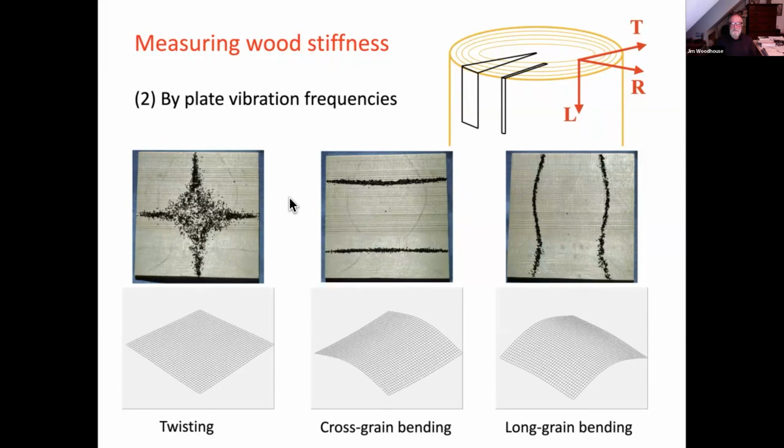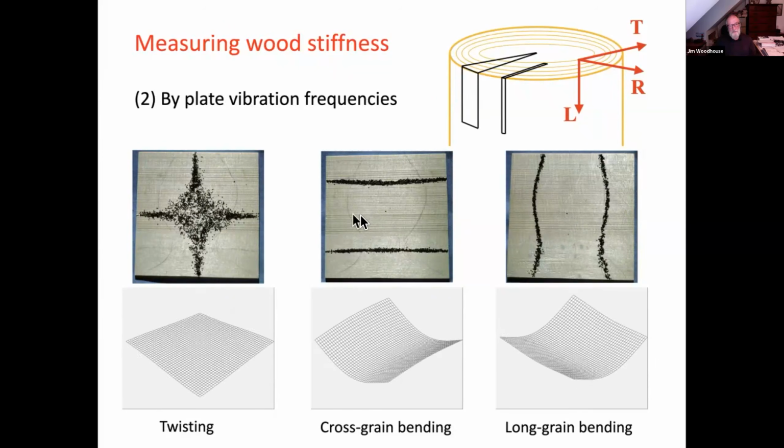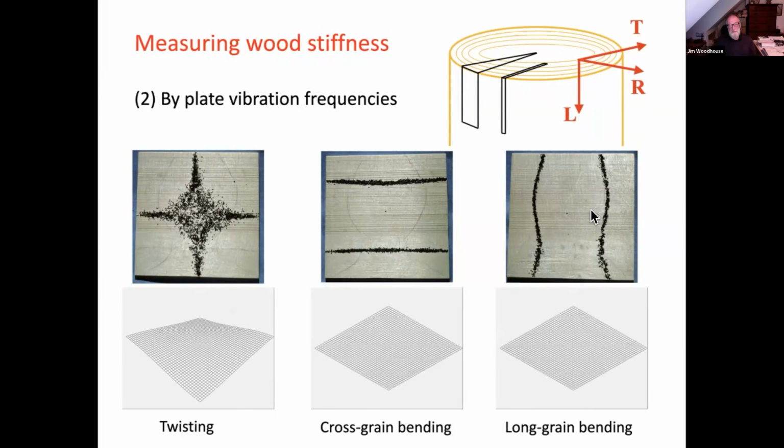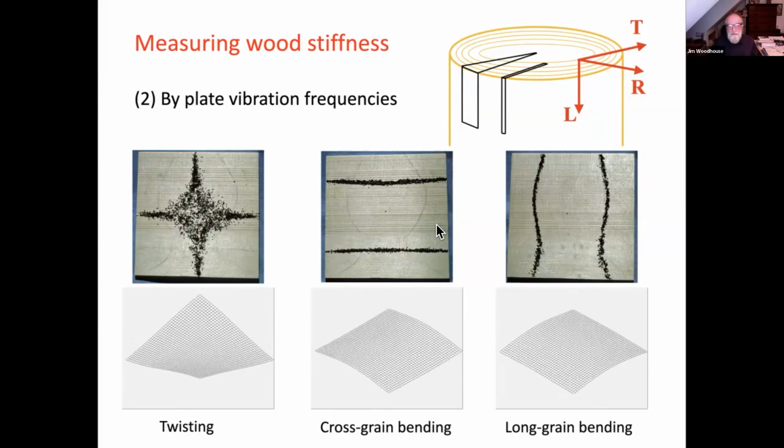And the same thing is true that I just said for the beam. If you measure the dimensions of your plate, the two in-plane dimensions and the thickness, and you weigh it, and then you measure the frequencies of these three vibration modes, then you can back out three stiffnesses. And remember, I said that for a flat plate like this, there are technically four stiffnesses, but only three of them are really important.